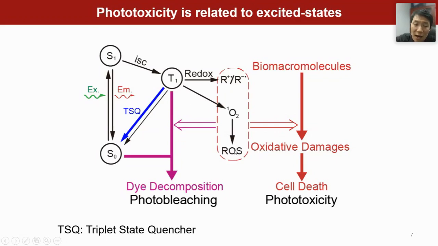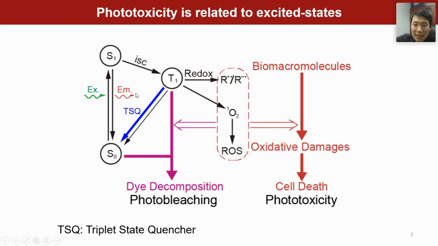If this ROS hits the dye, it can decompose the dye, causing dye decomposition. That's photobleaching. If this ROS reacts with biomacromolecules, causing oxidative damage, then you see phototoxicity. So photobleaching and phototoxicity are connected, but they're not the same.